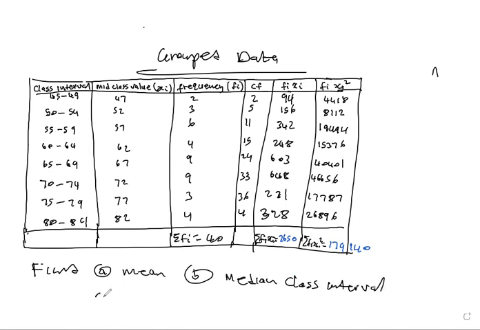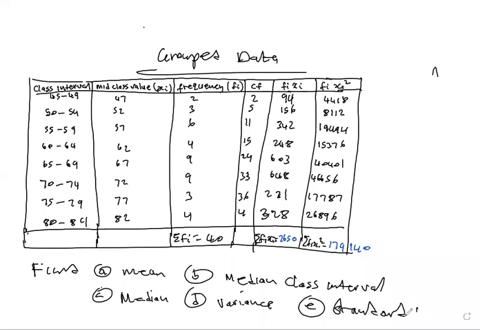Then C, we can find the median itself. Then D, we can get the variance. And lastly, on E, we can get the standard deviation. So let's answer these questions.